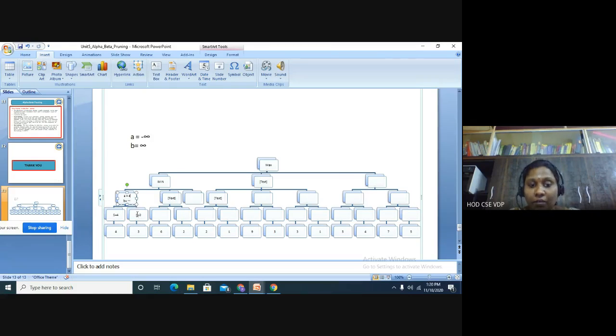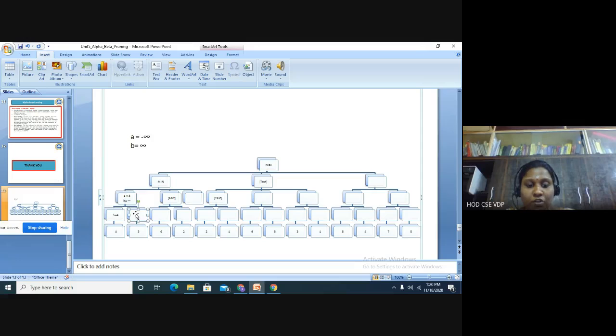Now, you meant to say that I have to go like this and come down, right? Correct. After I finish this node, I'll come down here. When I come down, I inherit the values of alpha and beta.